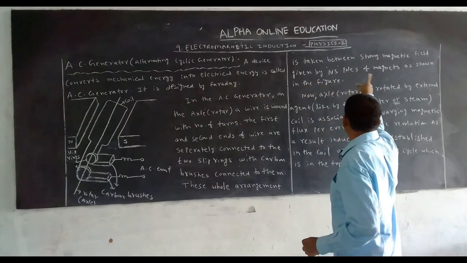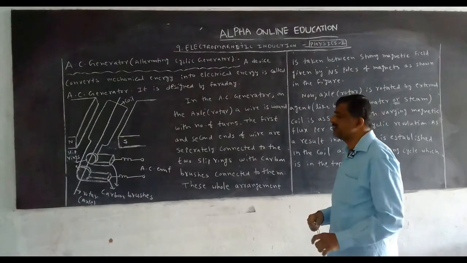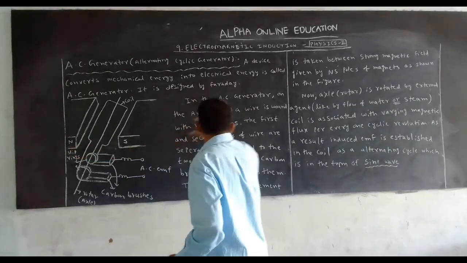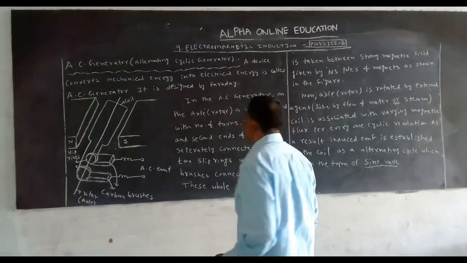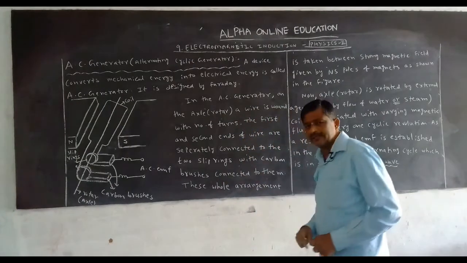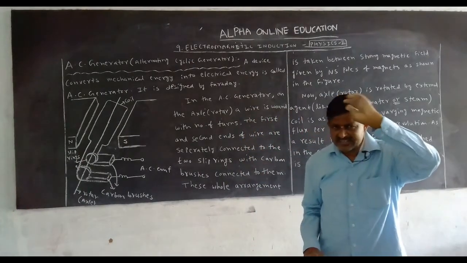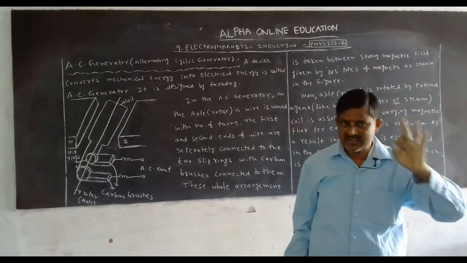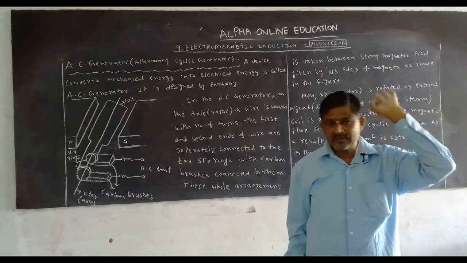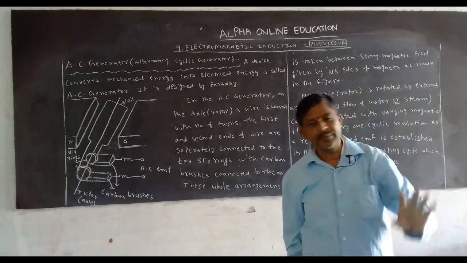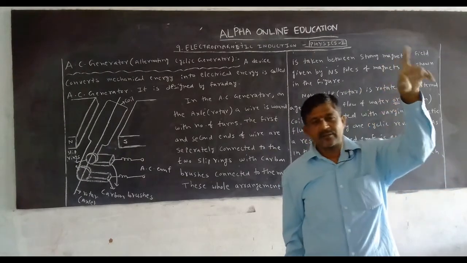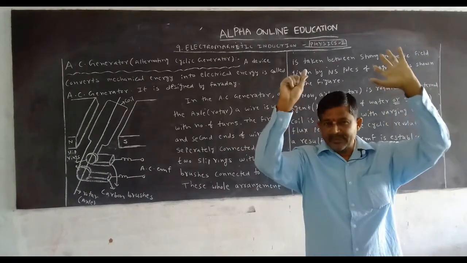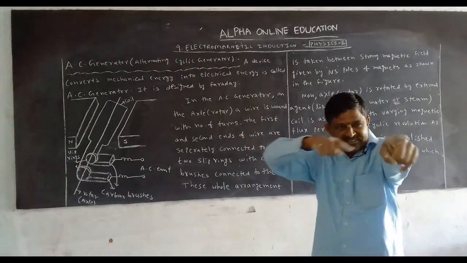This whole arrangement is taken between a strong magnetic field. The strong magnetic field is given by the N and S poles of magnets, as shown in the figure. In every generator, even in Nagarjuna Sagar, which is called a hydroelectric plant, and the thermal power plant located in Kottagudem, one axle is compulsorily present.